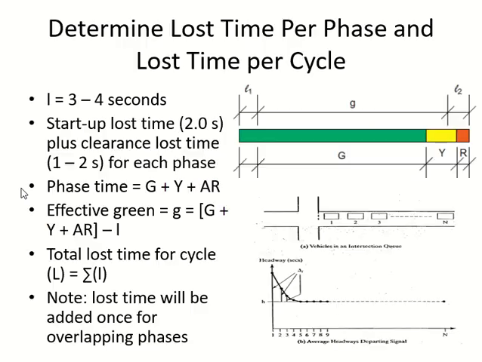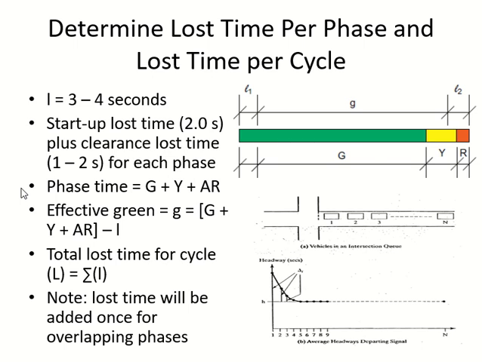Then we have another lost time, which you can see in the graph here. The headway between the vehicles. If you are looking at the stop line of the signal, you will see that when the first car moves, it moves slowly because it was right at the stop line.